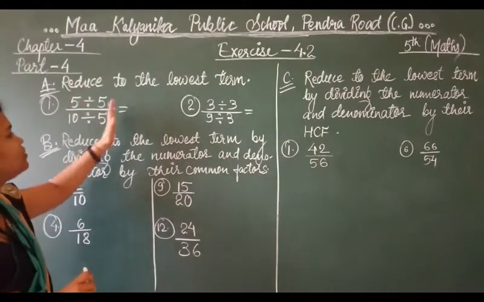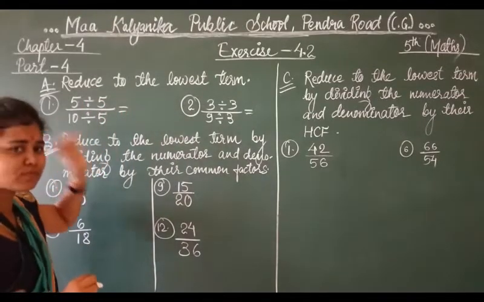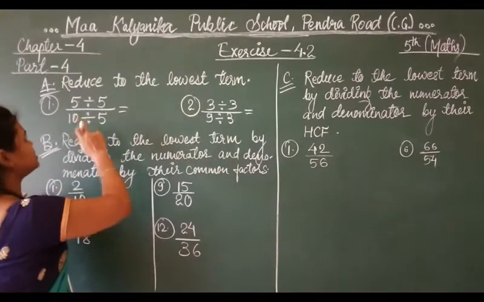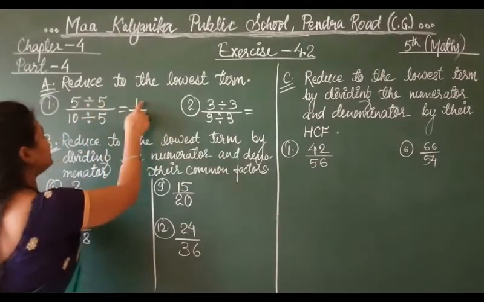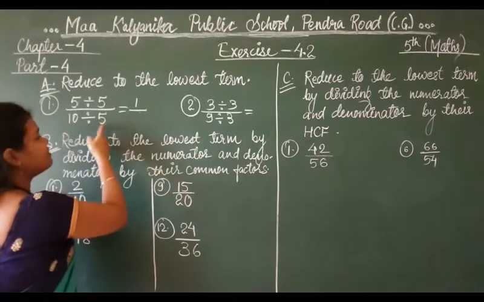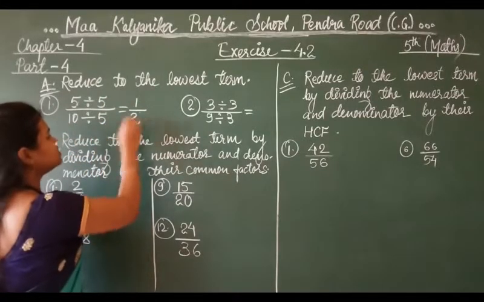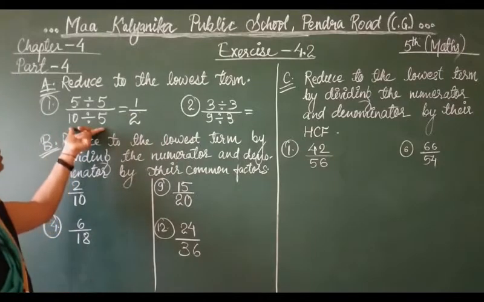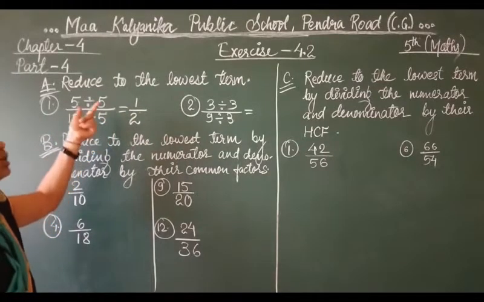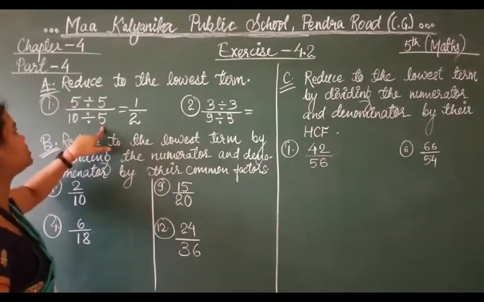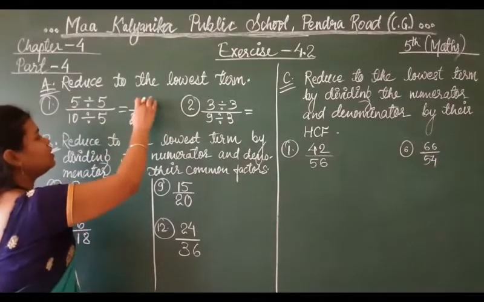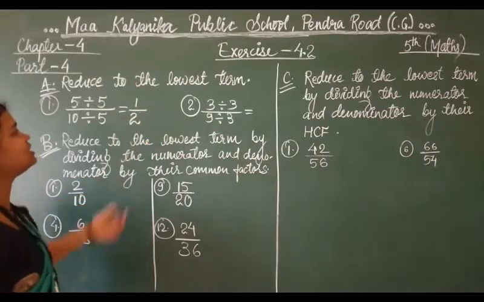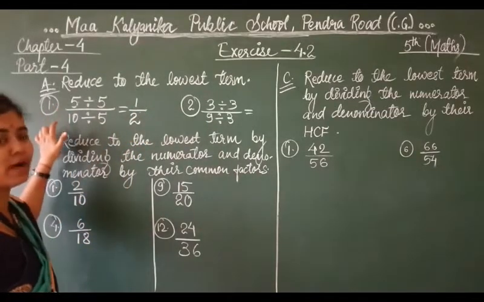So we only have to write the direct answer. 5 divided by 5 is 1, and 10 divided by 5 is 2, since 5 twos are 10. So 5 is the common factor which can divide both, and that's why we have written 1 by 2. So 1 by 2 is the lowest term of 5 by 10.